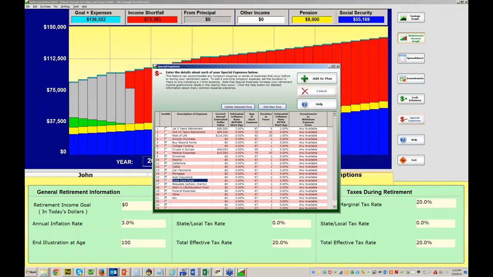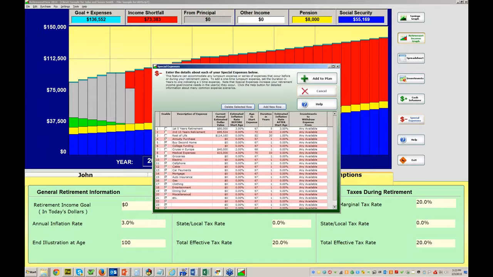Let's say we have your gas for your car. So you got clothing, entertainment. Let's see, dining out. Let's see, miscellaneous. Probably a lot of people have miscellaneous. So anyway, you can go on and on.